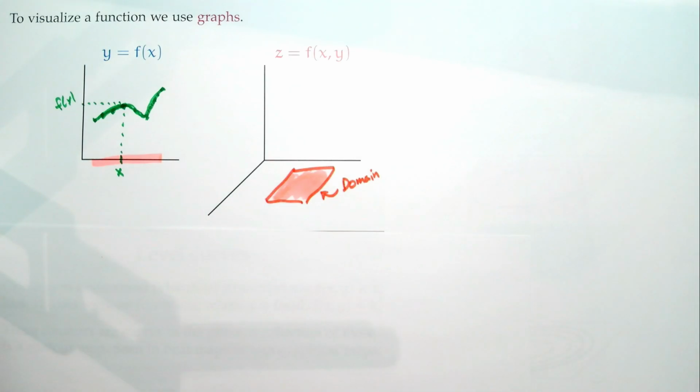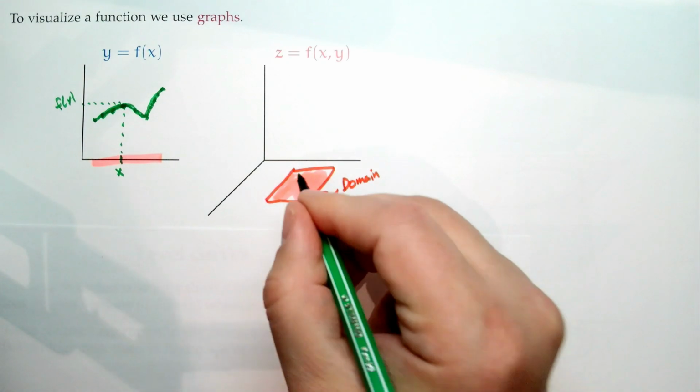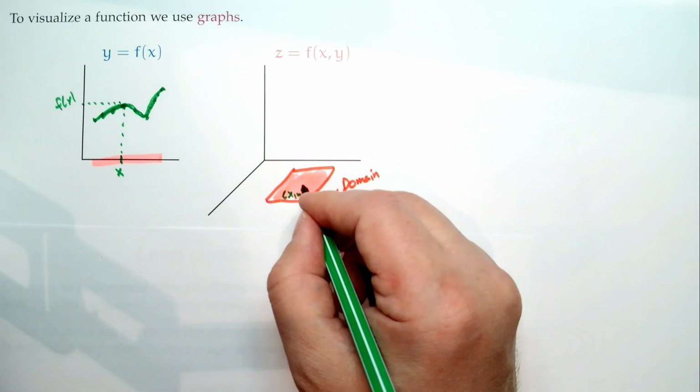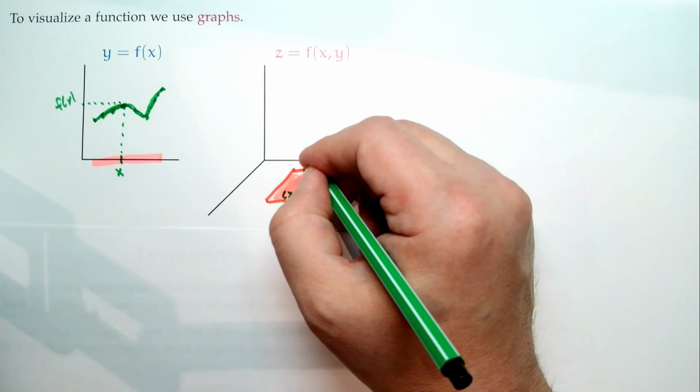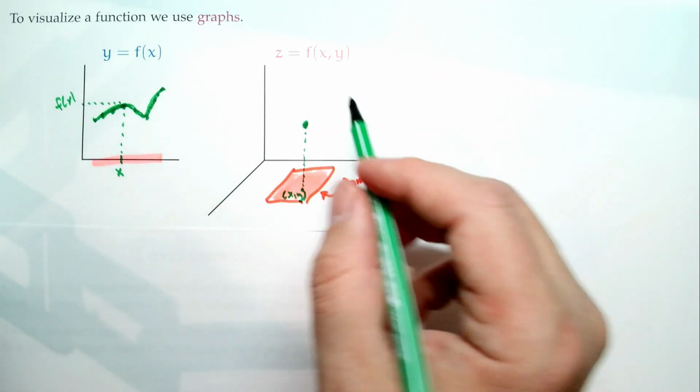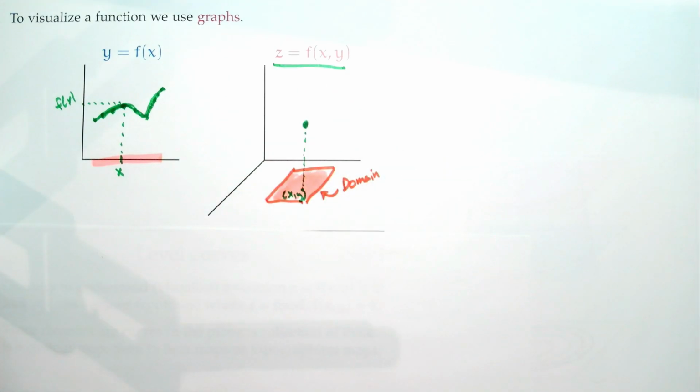And now, what do I do? Well, for every point I can plug in, I say here's a point, x, y. I go up to whatever the height is. So I get this value of z. So the z tells me how far up I go. Now that's one point.